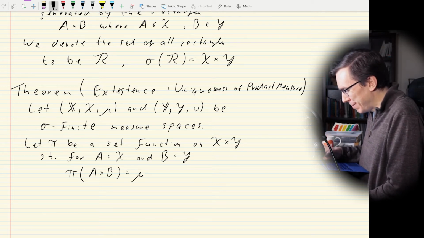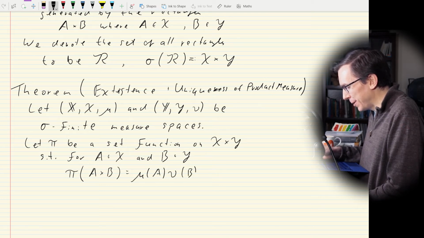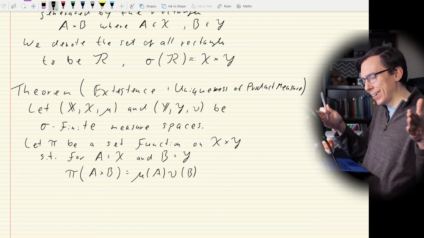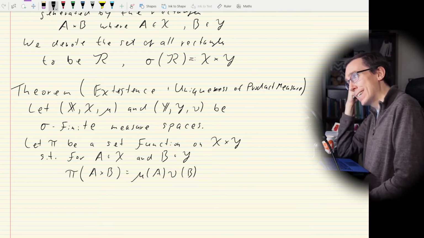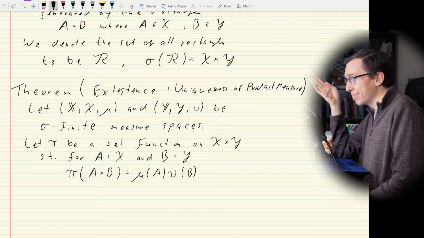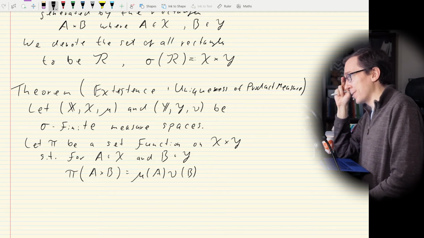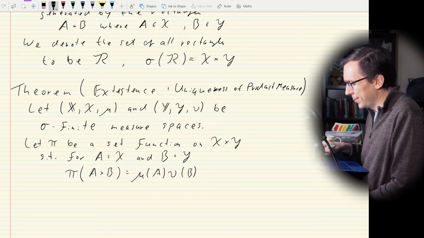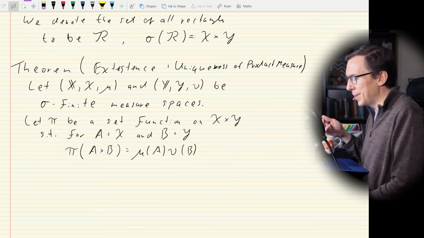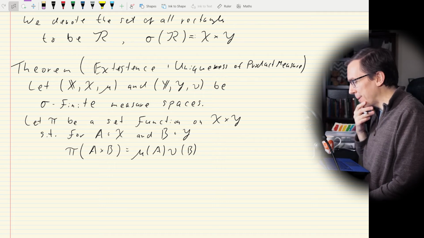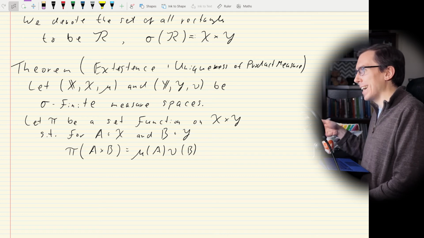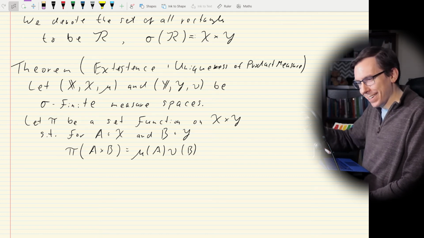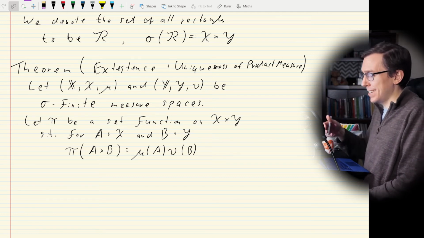It's going to be mu of A times nu of B, where mu measures one side of the rectangle and nu measures the other side. Of course, this rectangle may be horrendous to stare at, because it's just two general sets from a sigma field rather than, say, two intervals. But nevertheless, you can think of it that way. So we have a set function, and it's doing what we want it to do on the rectangles. Then we're going to try to extend it.